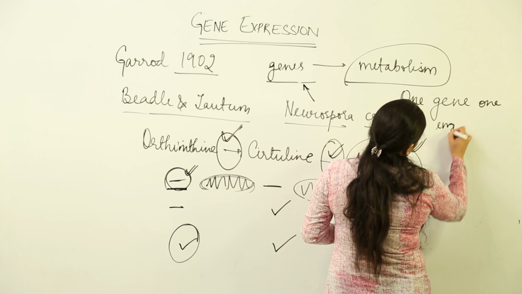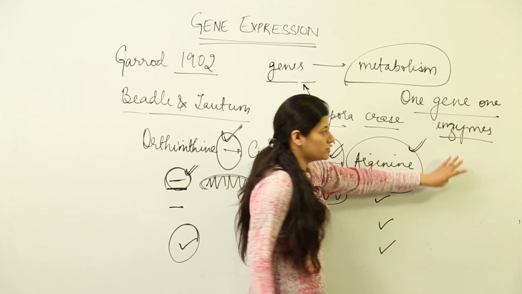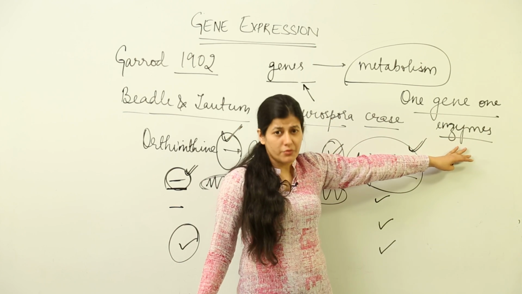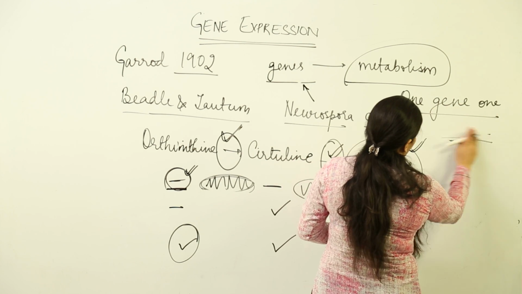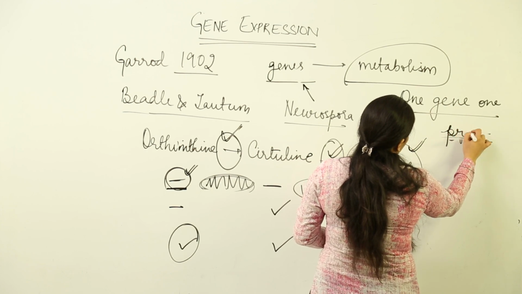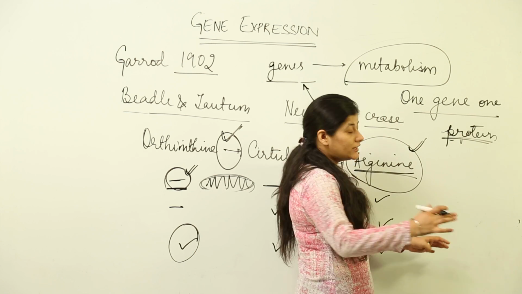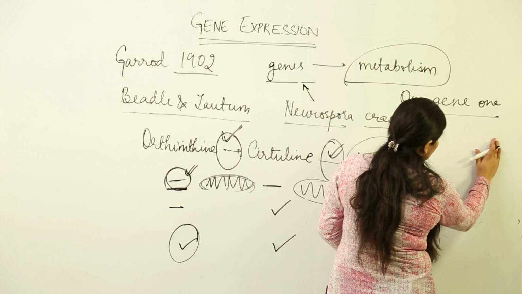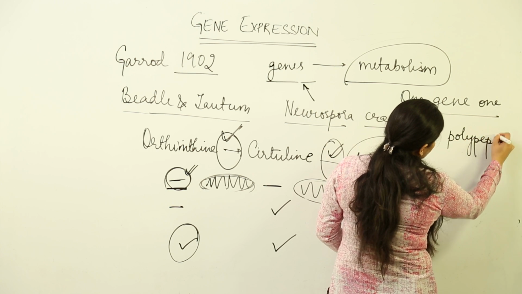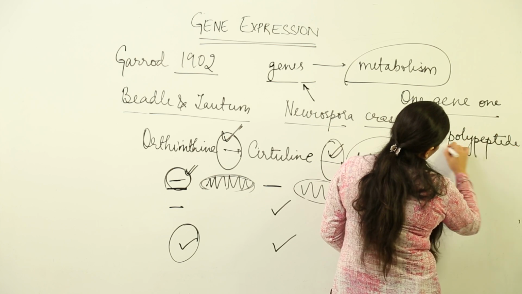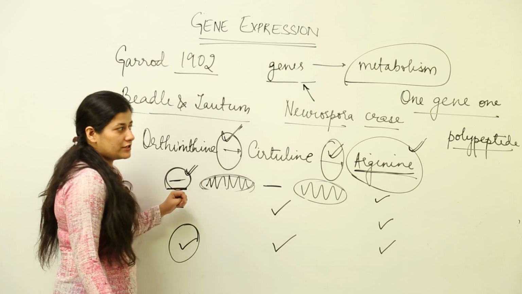Later on, with detailed studies of biomolecules, it was concluded that all enzymes are proteins, but not all proteins are enzymes. So, it was replaced and it said one gene, one protein. Later on, it was concluded that it is not only protein, it is one gene, one polypeptide, which could form an enzyme, or a protein, secondary, tertiary, quaternary, whatever it could be.